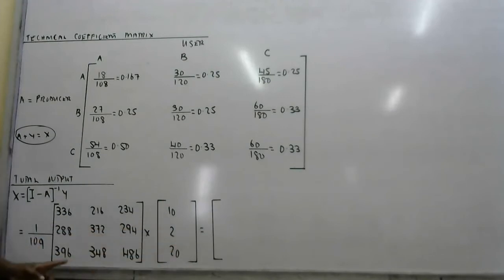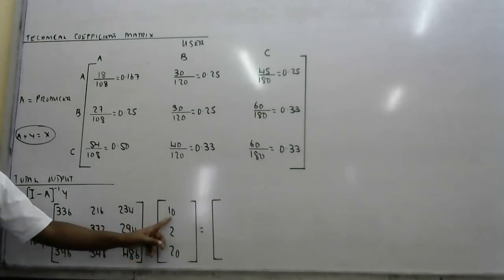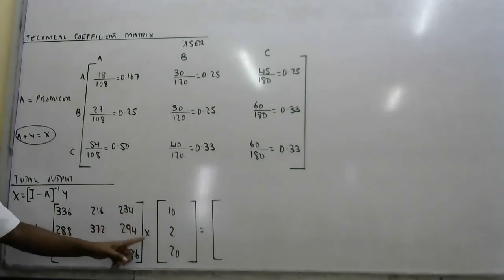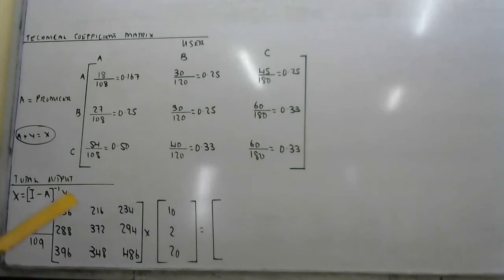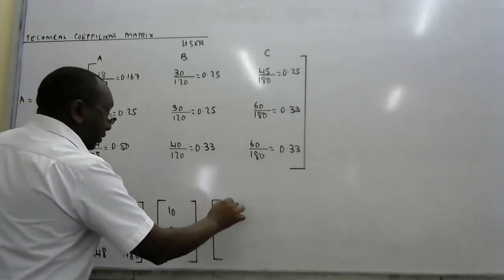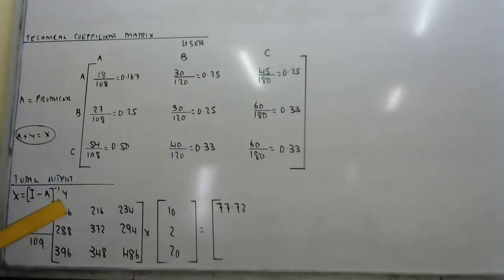You say 336 times 10 plus 216 times 2 plus 234 times 20. You say equals, then divide by 109 and give me the answer. 77.72. Good. So we begin the next one.